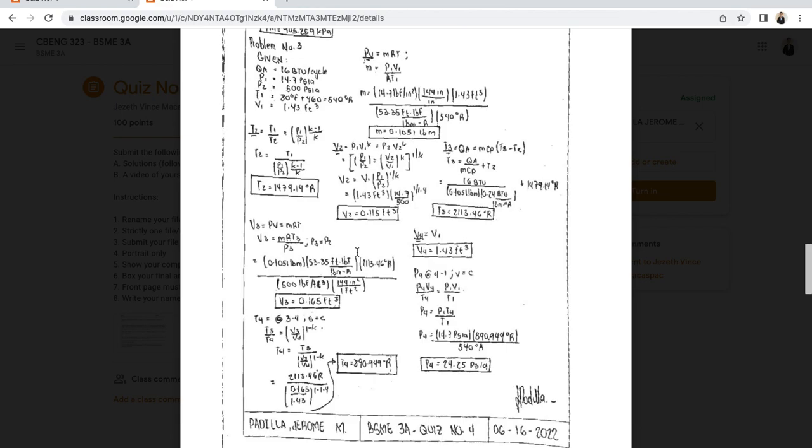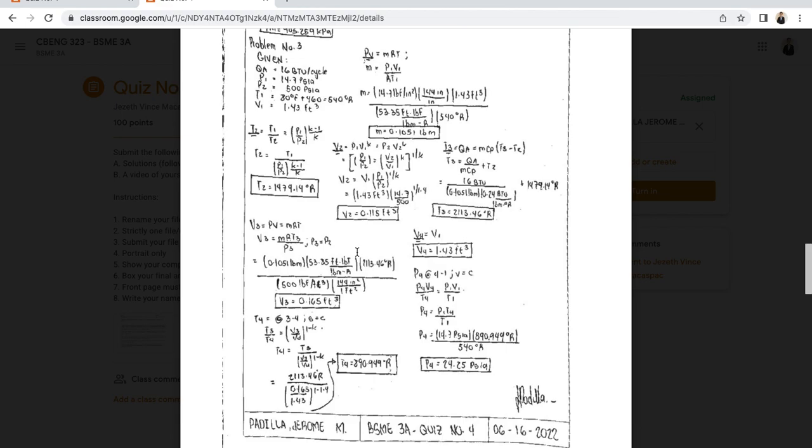So, una natin kukunin is for the mass. The formula for the mass is PV equals mRT, which is P1 V1 over R T1. 14.7 pound force per square inch, which is the P1, multiplied by 144 inch squared over foot squared, multiplied by 1.43 cubic feet, over the R, which is 53.35 feet pound force over pound mass per Rankine, and multiplied by 540 degrees Rankine.